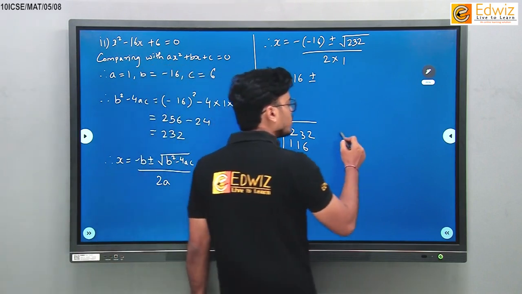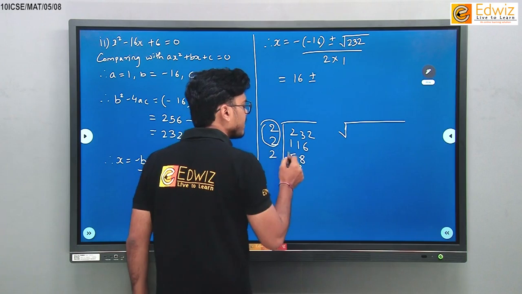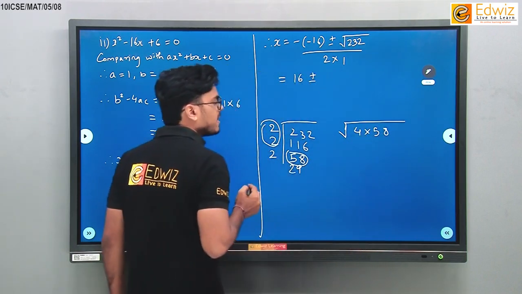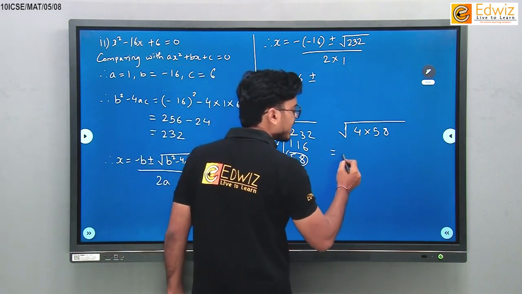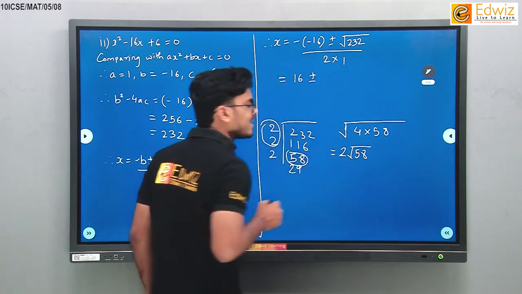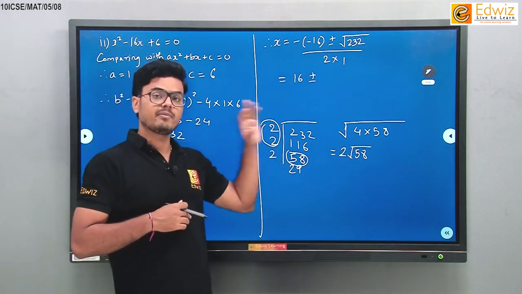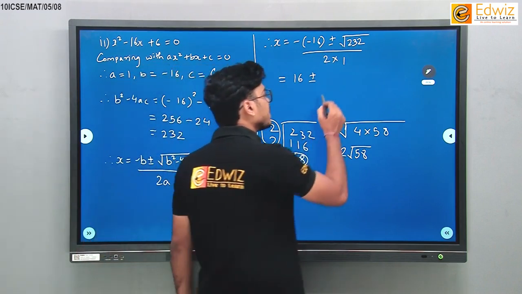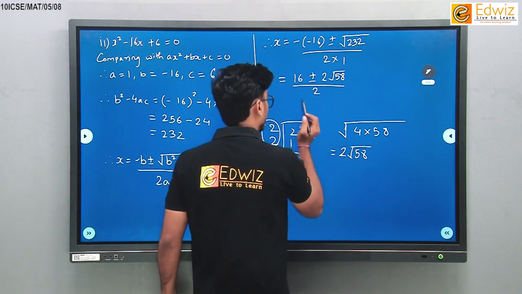So if I have to write 232 as a factor, I'll write it 4 multiplied by 58. So here you can see that square root of 4 can come out as just 2 and root 58 will remain inside the square root. So we have to find out the square root of 58 from the table, substitute it here. Okay, so root 232 can be written as 2 root 58 divided by 2.